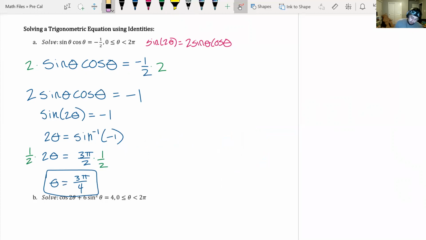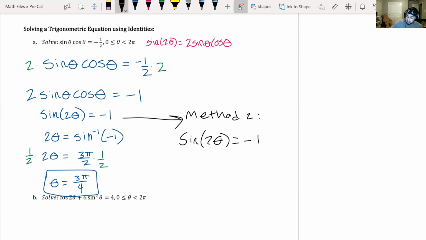All right. So, option 2. Actually, don't start there. Start here. This is method 2. And I think this brings us to section 8.3. We say sine of 2 theta equals -1. Okay.